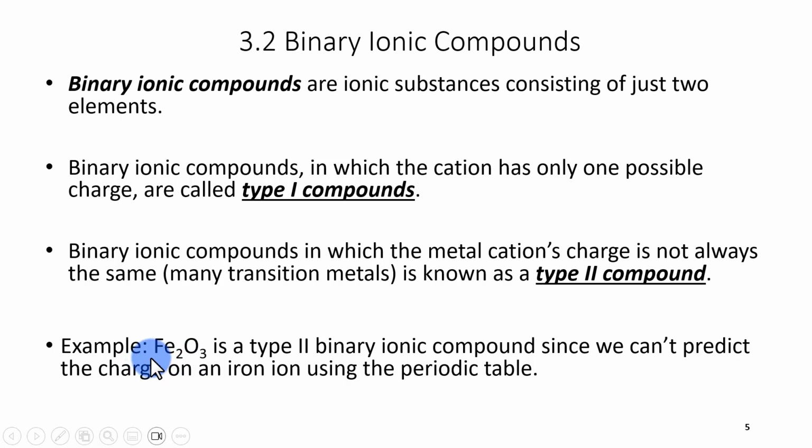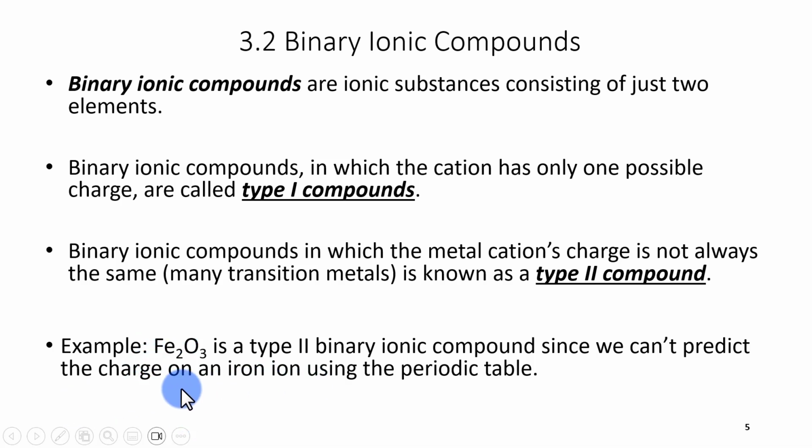If I just wrote FeO for both of those, iron 2 and iron 3, or I just said, write me the formula for iron oxide, well, I have two different compounds that have two different formulas. So which one is it going to be? I have to specify what the charge on the iron is going to be, because then the formula is based on that.